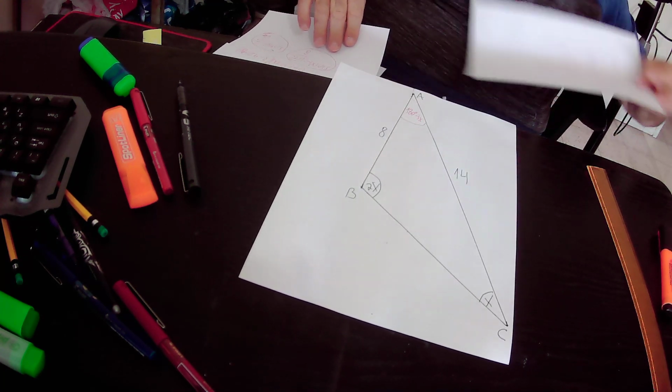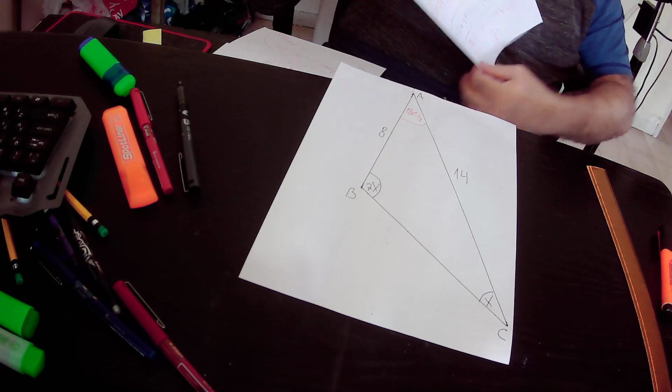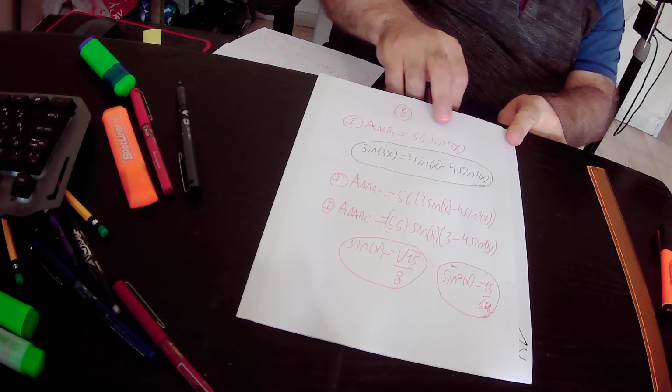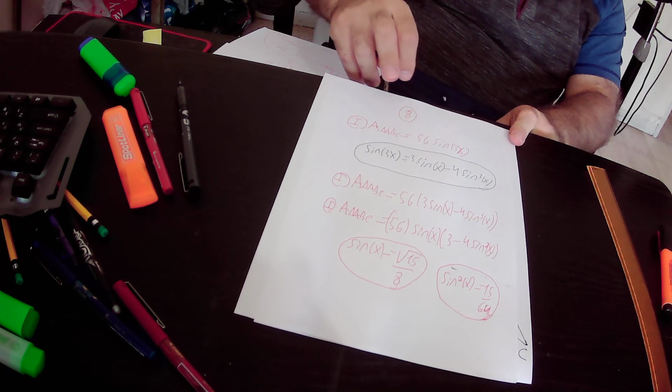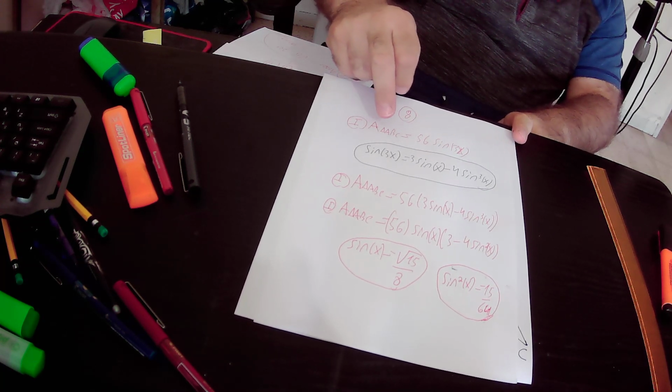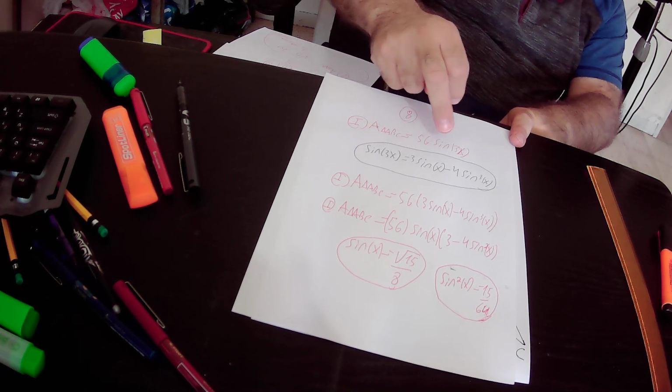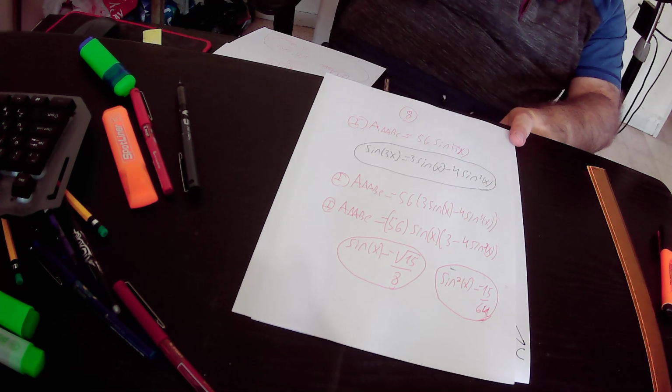Then we return to our first equation that states that the area of triangle ABC equals 56 times sine 3x. And we have the trigonometric identity that sine 3x equals 3 sine x minus 4 sine cube x.